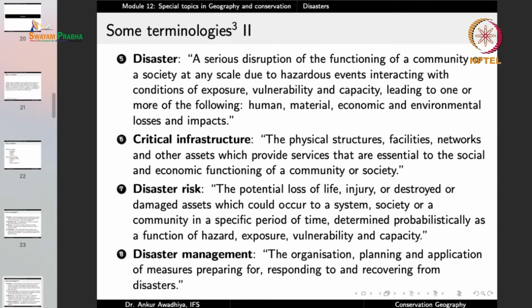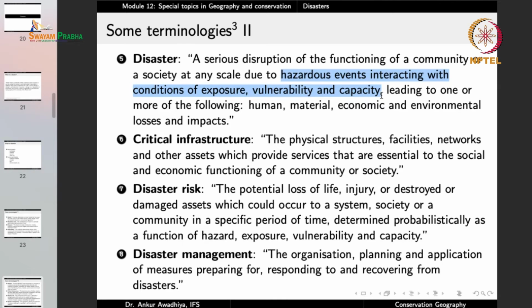Disaster is a serious disruption of the functioning of a community or a society at any scale due to hazardous events interacting with the conditions of exposure, vulnerability and capacity, leading to one or more of the following: human, material, economic and environmental losses and impacts.